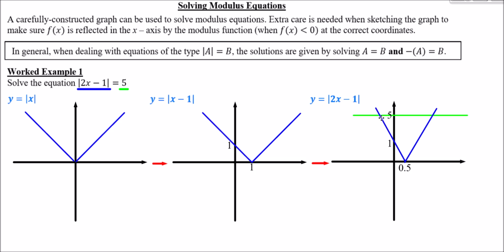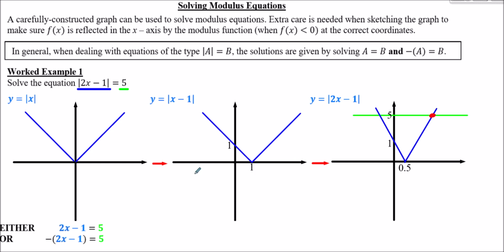So solving for this coordinate would be where minus 2x plus 1 equals 5. So essentially what we're going to do now, I'm going to do it together, is we need to solve this. So either 2x minus 1 is 5, which is that coordinate, or minus 2x minus 1 equals 5, which is that one there. So let's get going.